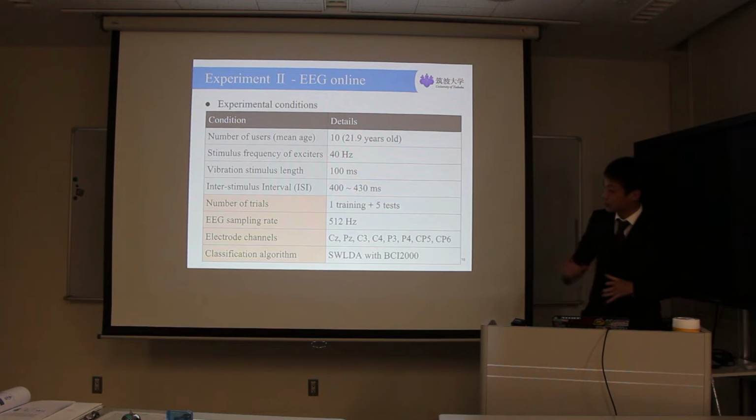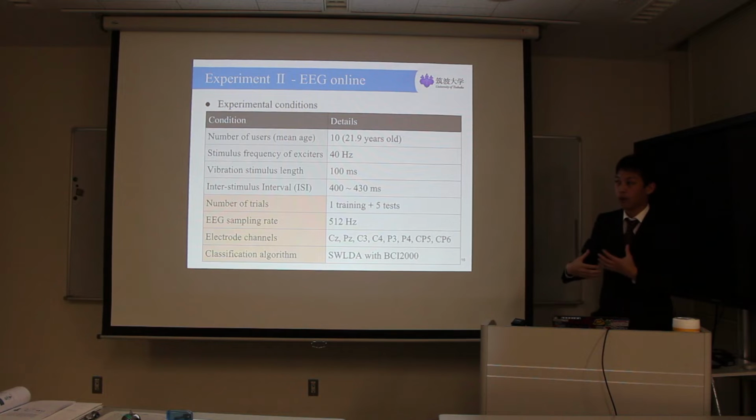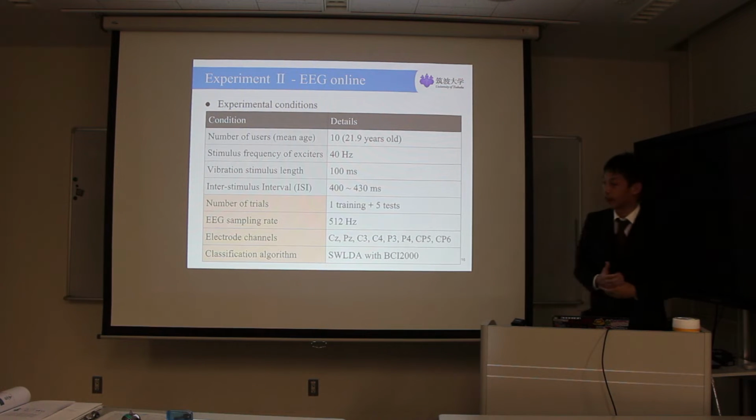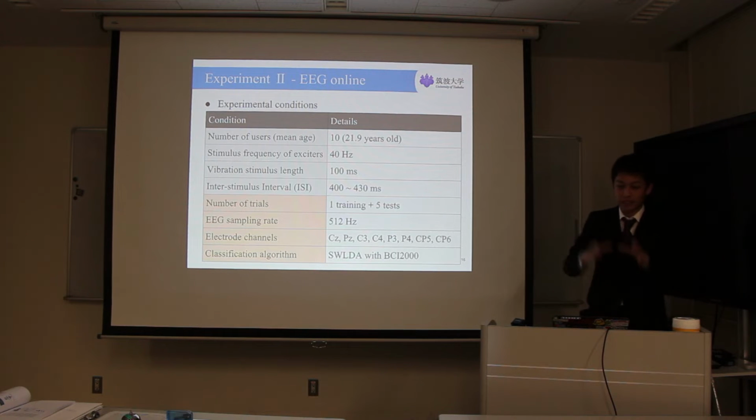But we conducted one experiment for classifier training and five experiments for evaluating and calculating classification accuracy. The important thing here is that for each subject, a classifier model is generated.